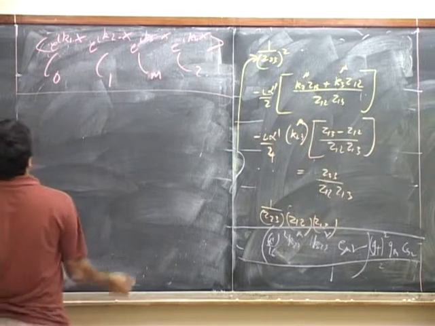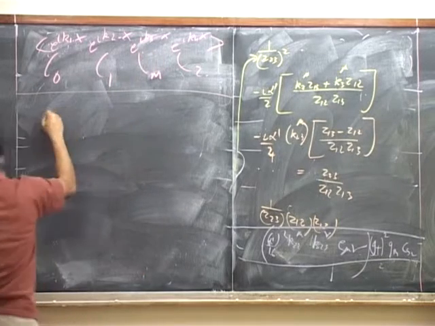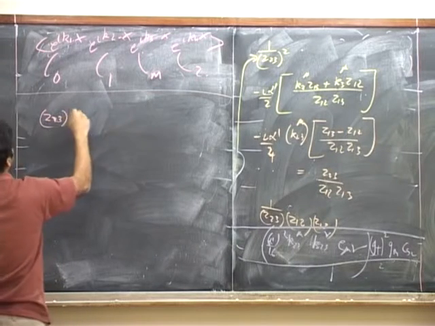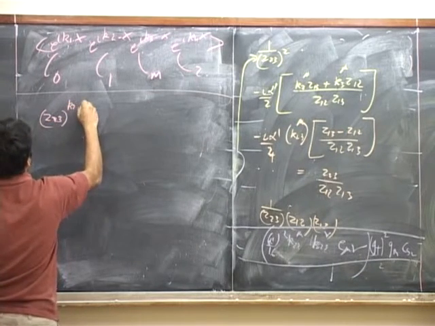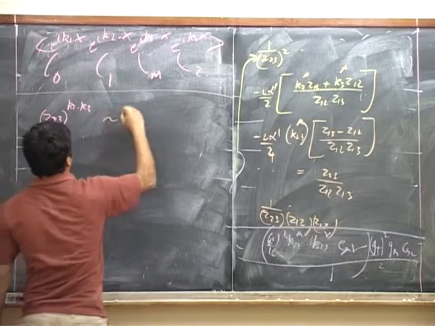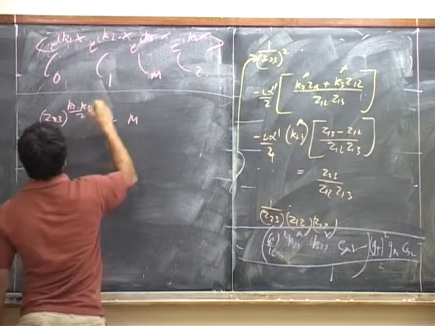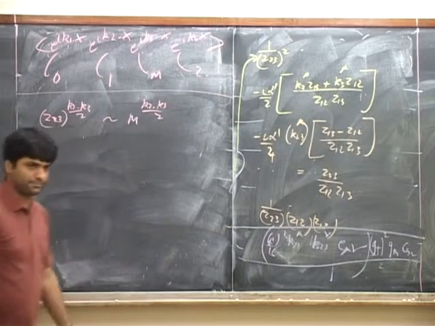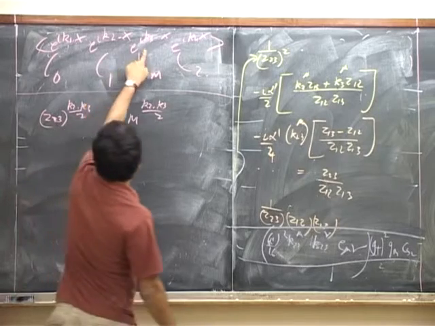So from the C's, what do I get? From the C's, I get Z23 to the power k2 dot k3, which, since we're taking Z3 to infinity, will be like m to the power 2 k2 dot k3 by 2. And I get a Z31.